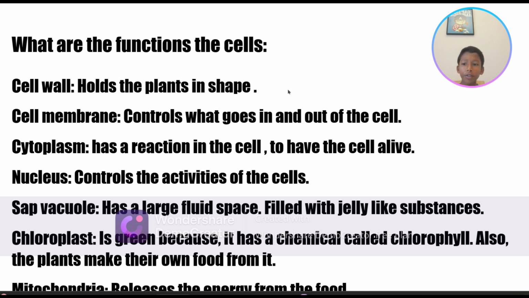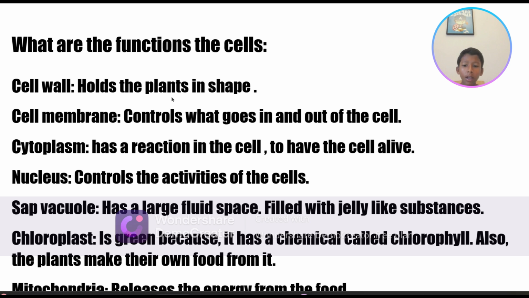What are the functions of the cell parts? A cell wall holds the plant in shape. A cell membrane controls what goes in and out of the cell. Cytoplasm is where reactions happen in the cell to keep the cell alive. The nucleus controls the activities of the cell.